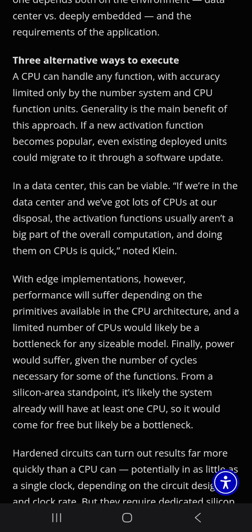If we're in the data center and we've got lots of CPUs at our disposal, the activation functions usually aren't a big part of the overall computation, and doing them on CPU is quick, no problem.